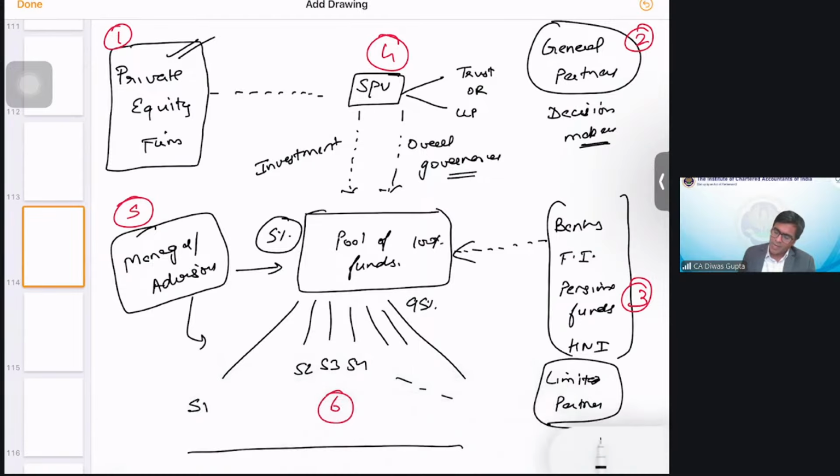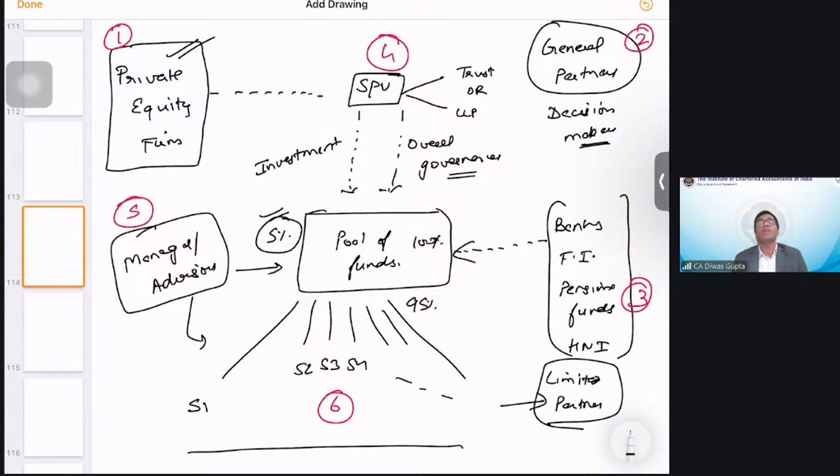Right? And let me tell you, students, why they even go for a 5% investment. Because then it brings confidence to the limited partners that they have also invested, if they are going to be the general partners, right? So their investment is also at stake.